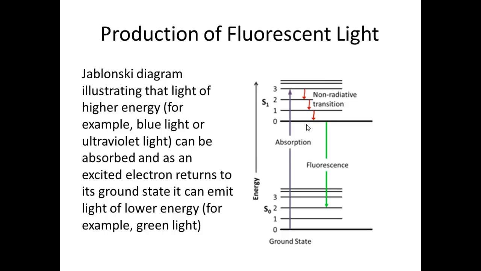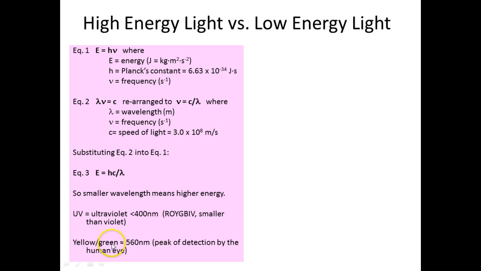It's in the visible light spectrum. You can't see UV light, but we can see the fluorescence, the retransmission of this light. And in the one that we have, it's in the green spectrum, which is really easy for us to detect. But as you can see, there are other ones that can be utilized.